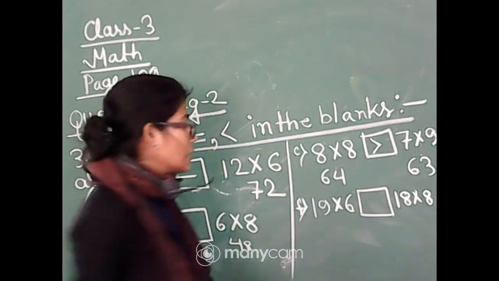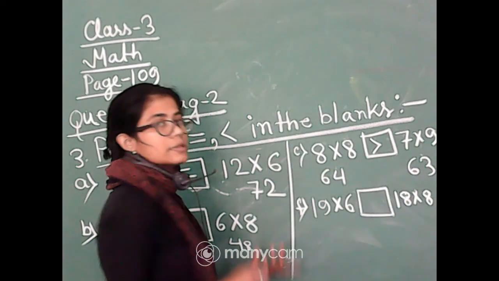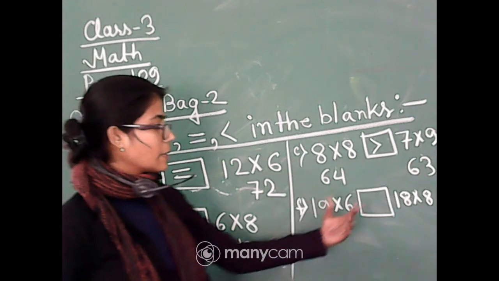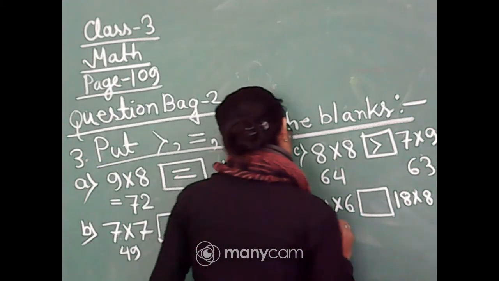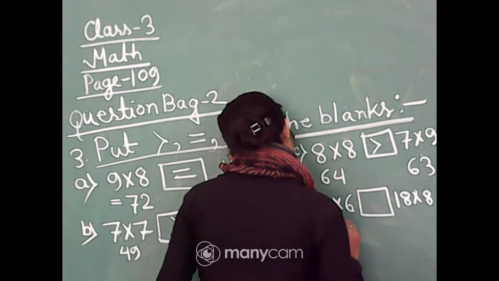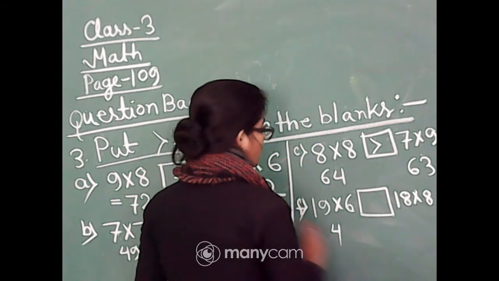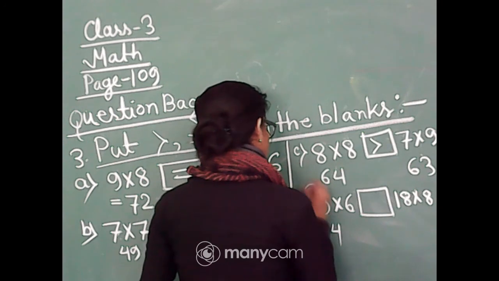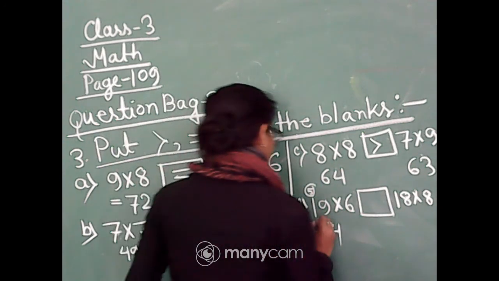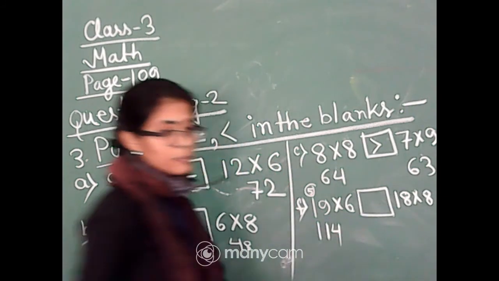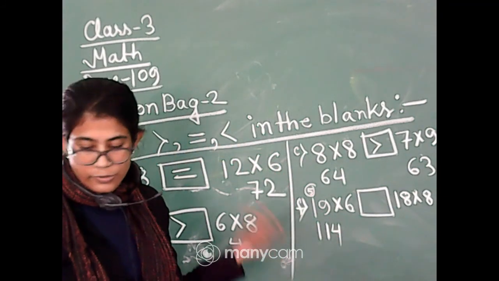Okay. Now what we will do? The same. We will multiply both sides of the box. So 6 nines are 54. So 4 is there, 5 is carry. Now 6 ones are 6, and 6 plus 5 is 11. So the product is 114.